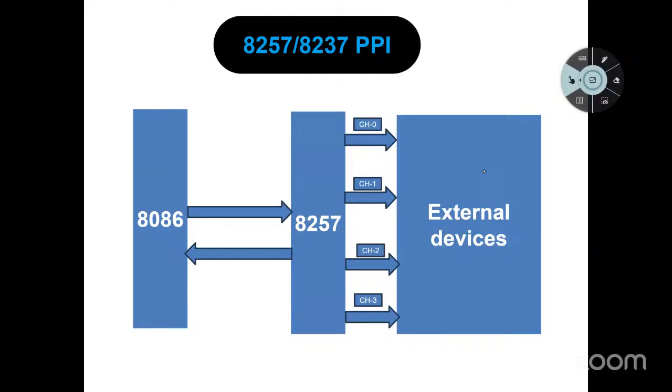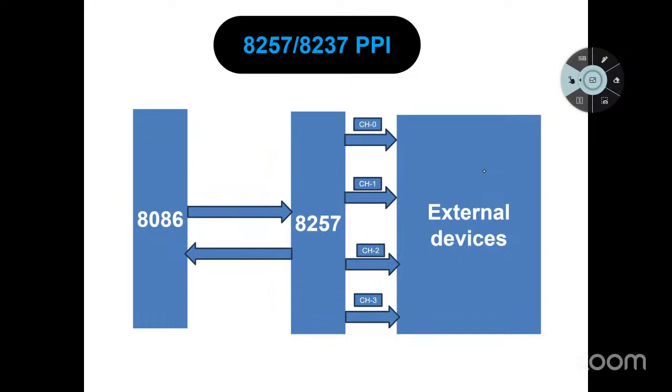8086 and 8257. You can connect external devices to channel 0, channel 1, channel 2, and channel 3, four external devices in all, along with the bidirectional data bus. To control it, and to read its status, there are these directions.